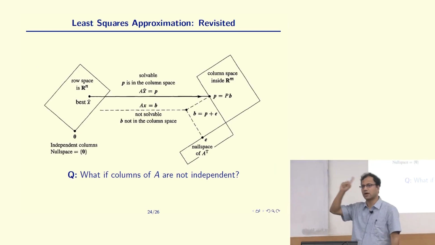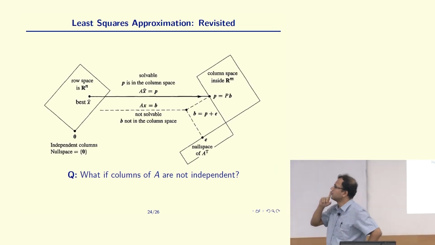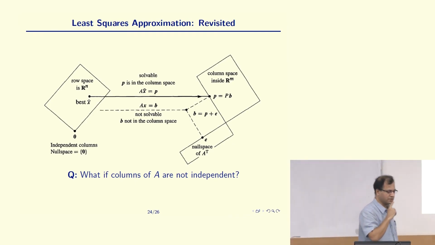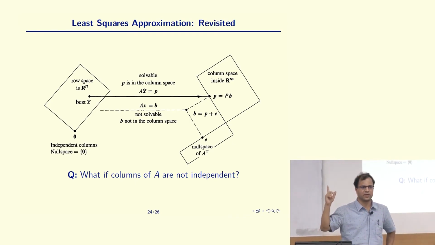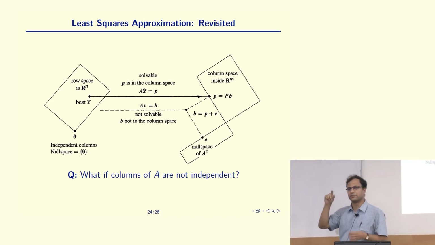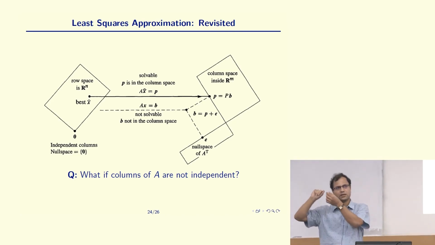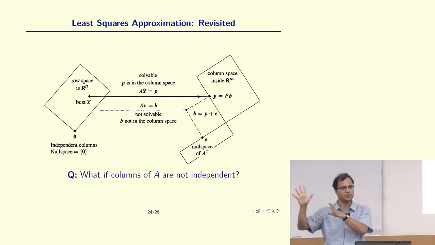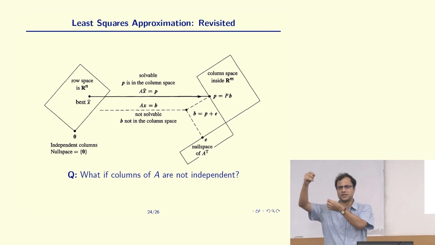Okay, so now I come to the last point, what we discussed in the least square approximation. We did this when AX equal to B is not solvable, so you are projecting B into the column space.